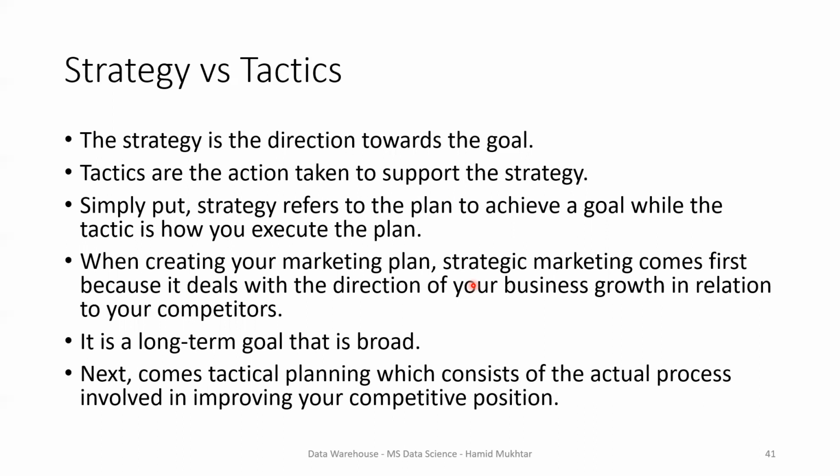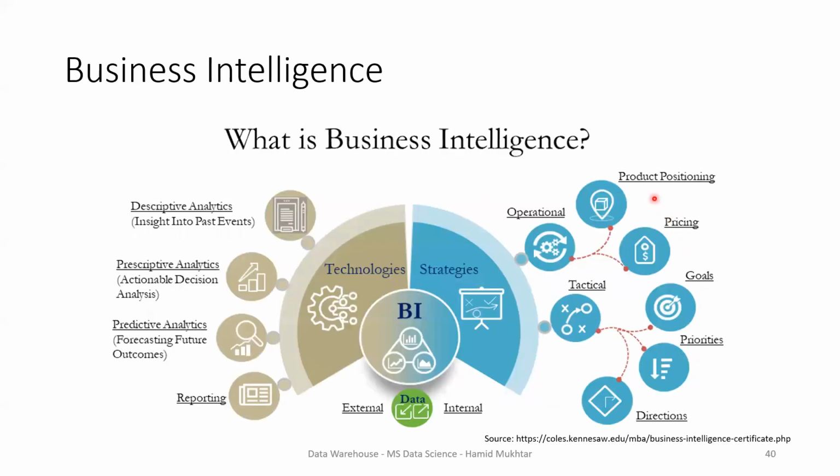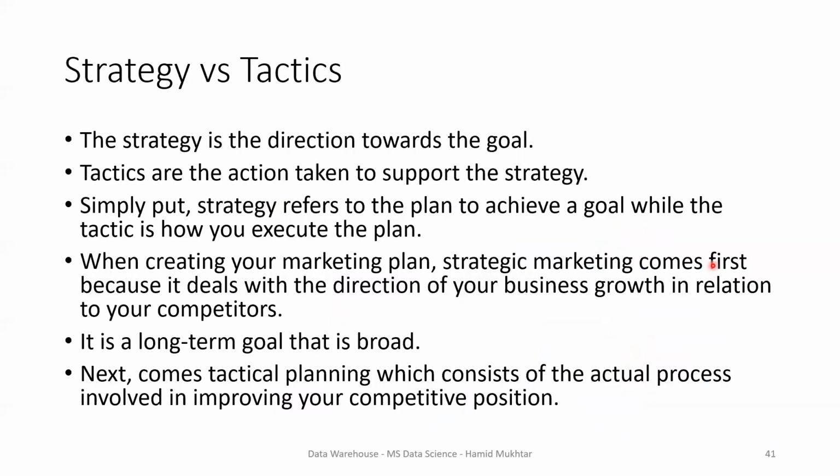For example, the goal here is that we want our product to be the top product of, let's say, Halib. One company's Halib should be the top one. What should be the strategy? The strategy should be that your Halib should be available in every part of the country. That's your strategy: make it available, and advertise it so that people know about it. The actions or the tactics are how you make people know this.